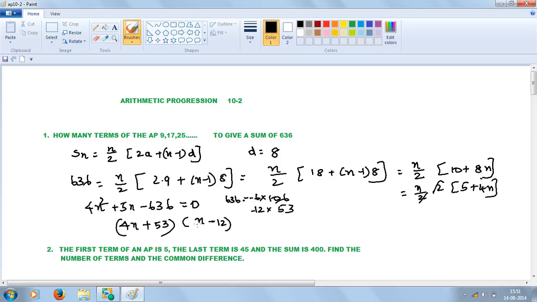Here 53n is there, and 4 12s are 48. The difference is plus 5n. We get this 5n that way.